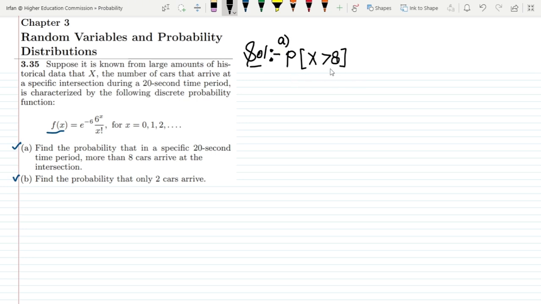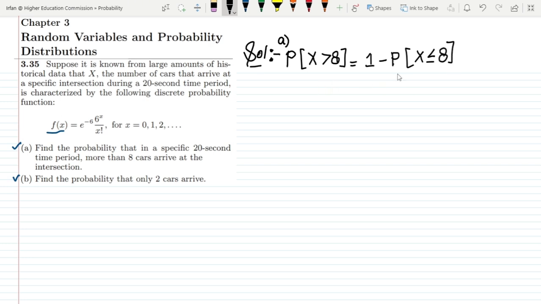And how can we do it? You can very easily see that it can be data which cannot be counted. Okay, innumerable data counts we will have, because more than 8 means all the data points which are greater than 8. So in order to limit ourselves within this range, I can use another trick here, and that is 1 minus the probability that x is less than or equal to 8.